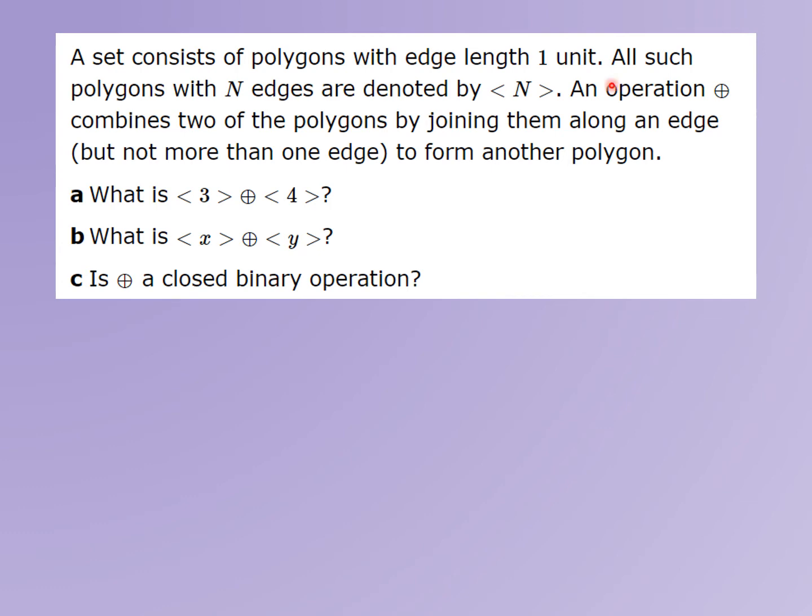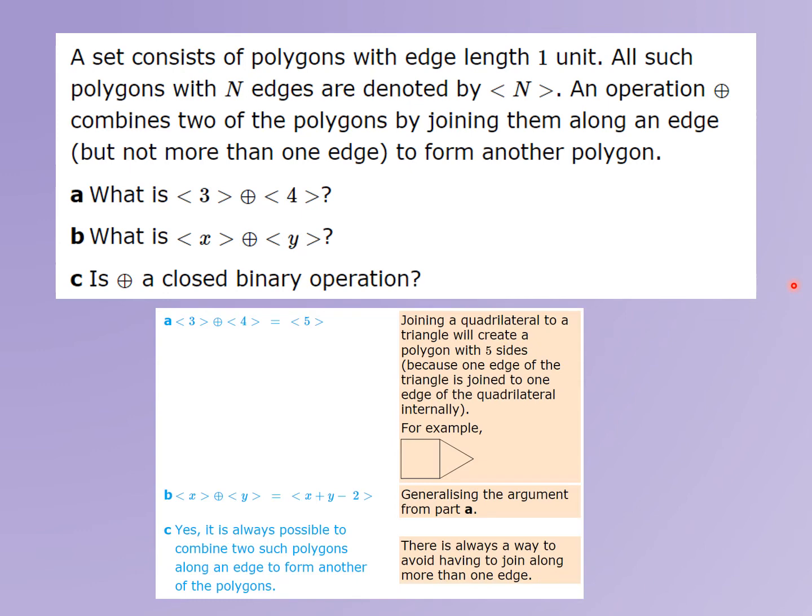So in part A, we want to know what would be the answer to this binary operation. This is the set of polygons with 3 sides, the set of polygons with 4 sides. If we were to take polygons from each set and combine them in such a way, we would actually end up with a polygon with 5 sides.